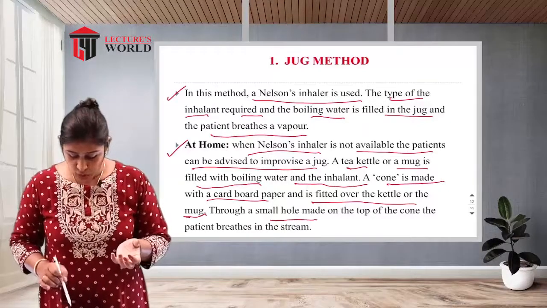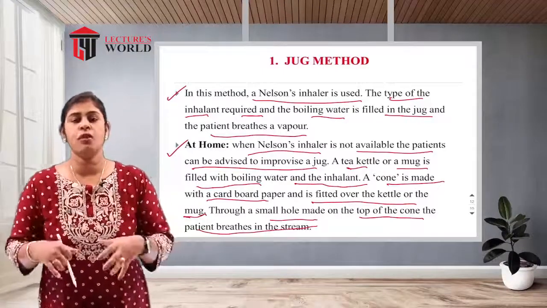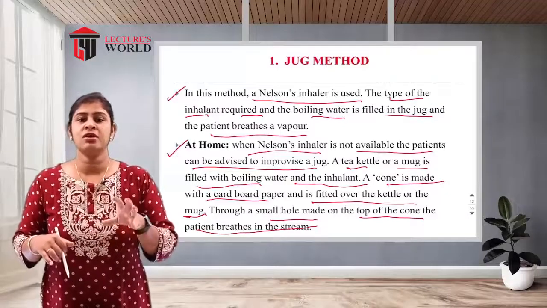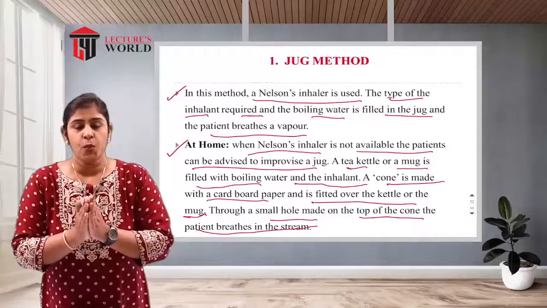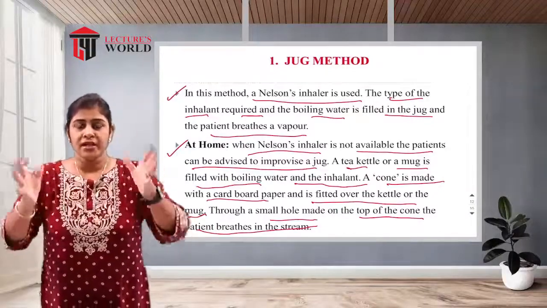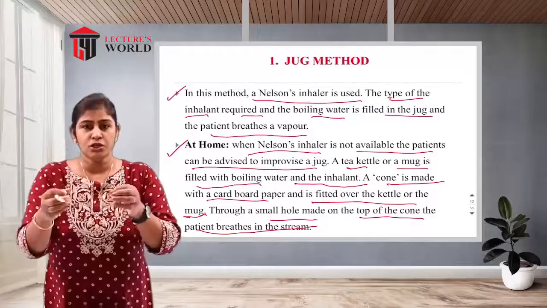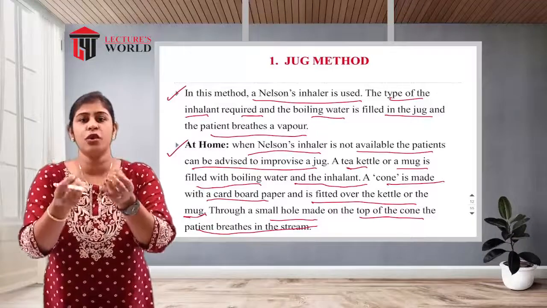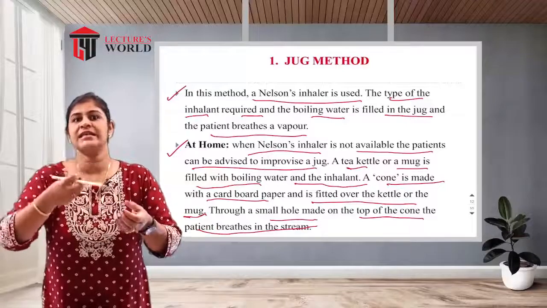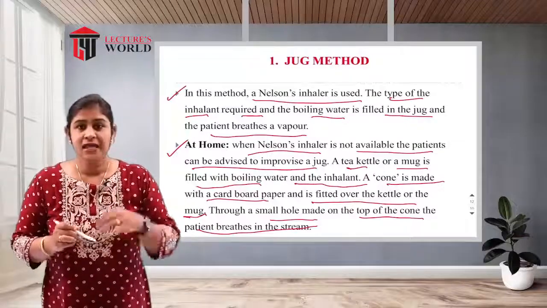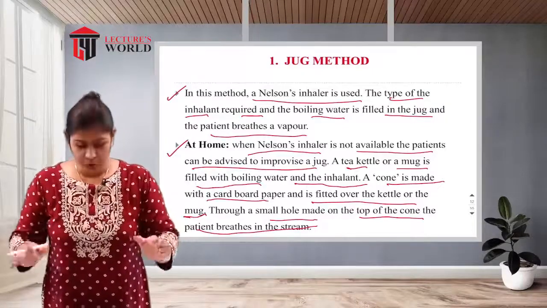Through a small hole made on the top of the cone, the patient breathes in the steam. So at home, if a Nelson inhaler is not there, you can use a jug and cover it with cardboard, making a small hole so that the vapor comes out of that hole, and the patient breathes the hot air coming from the jug.